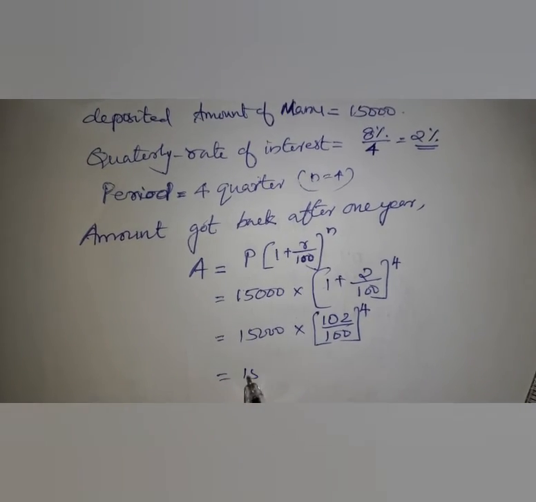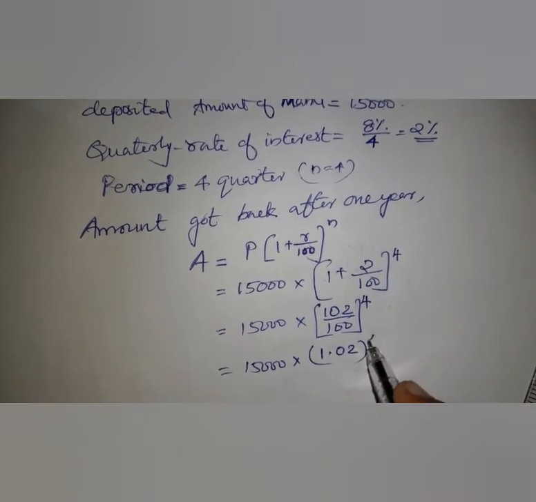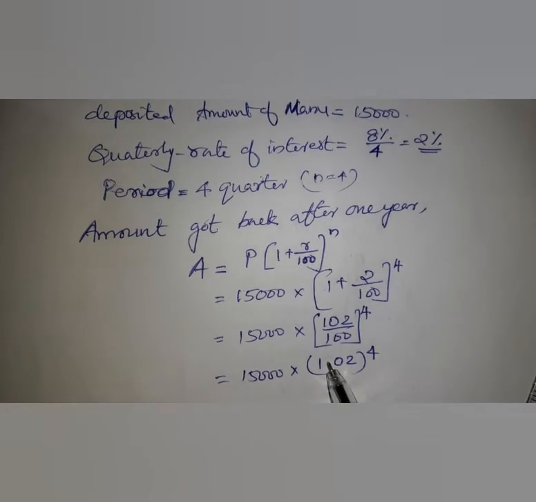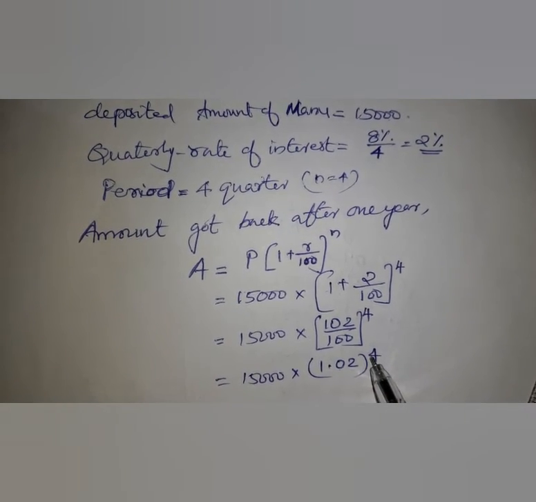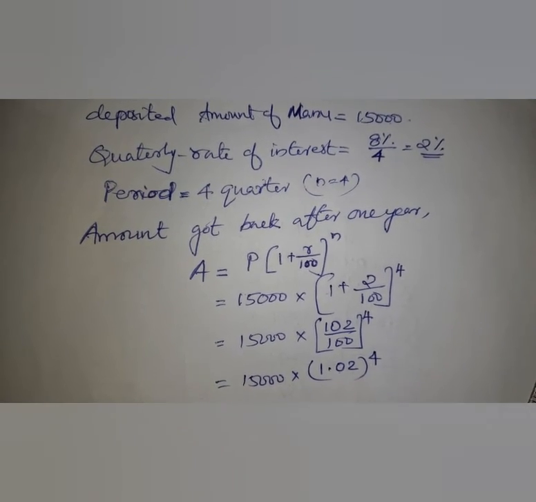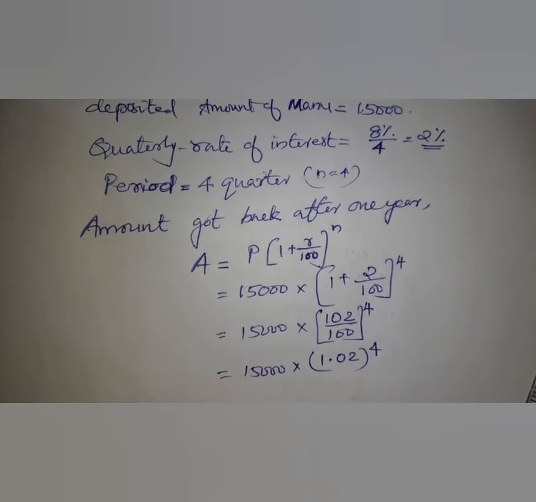That's equal to 15,000 into 1.02 raised to 4. If you use the identity, you find 1.02 squared, then take the square 2 times and multiply. Like that also you can find out.